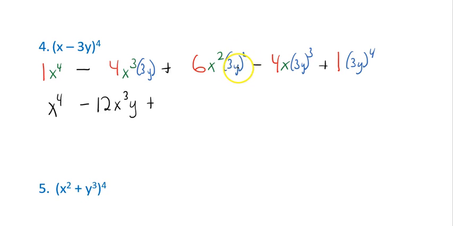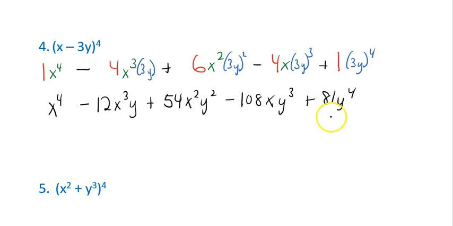And so that would be 6 times 9, so 54x squared y squared. And then the next one you have 3 cubed, which is 27 times 4, so 108xy cubed. And then your last one, 3 to the 4th, is 81, so 81y to the 4th. And so that is the simplified version of number 4.